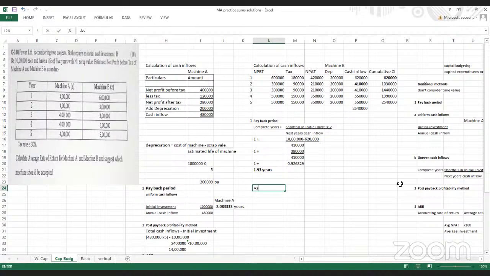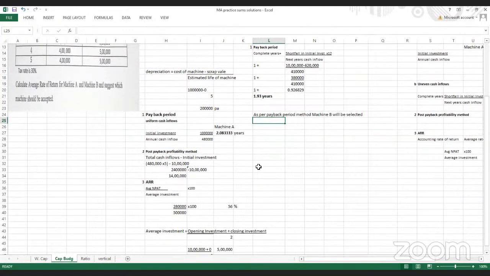So I'll write statement as per payback period method, machine B will be selected. Okay. Same way we'll be doing post payback profitability, and ARR. And accordingly we'll be writing the statement.